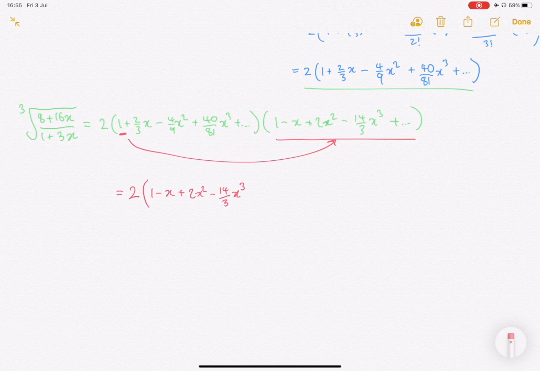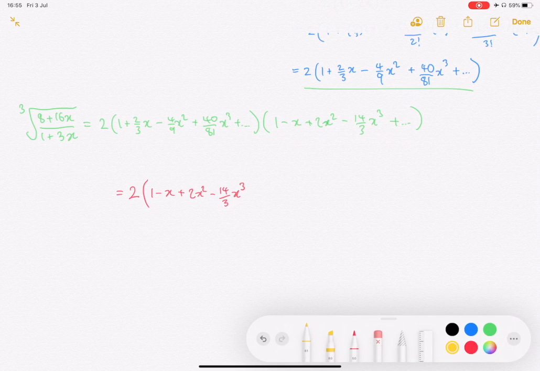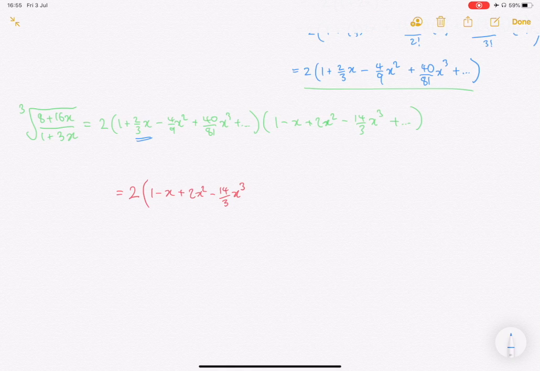Okay, but now let's deal with 2 thirds of x multiplied by all of this.